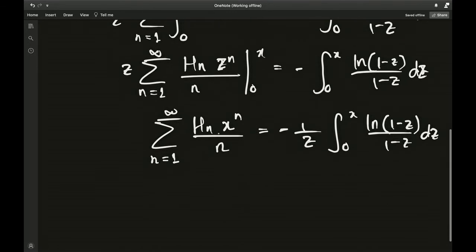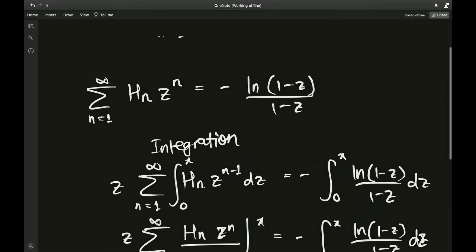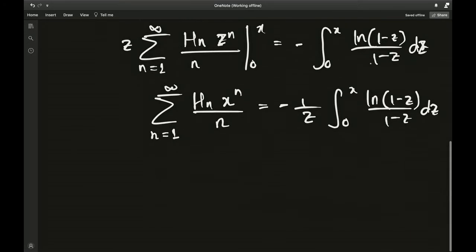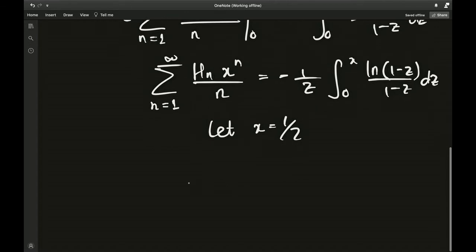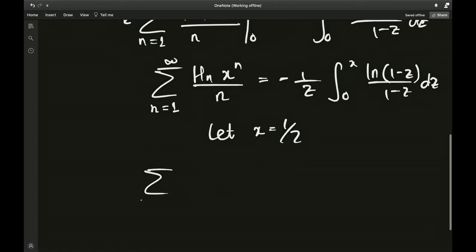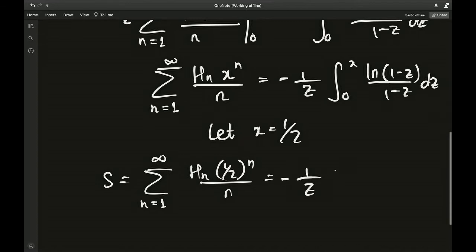Now okay, we got an acceptable form. Now the thing is, we have a half over here and we have an x, so we can choose x to be 1/2. When I do that, I have the sum from n equals 1 to infinity of the nth harmonic number times (1/2) to the n over n, which just becomes our S, and this is equal to negative the integral from 0 to 1/2.